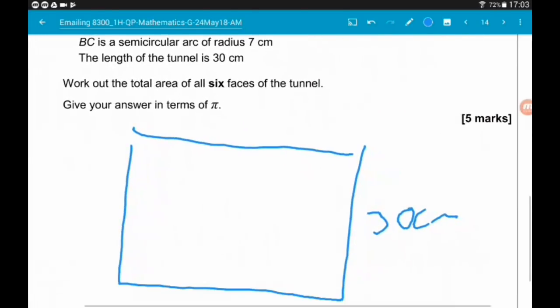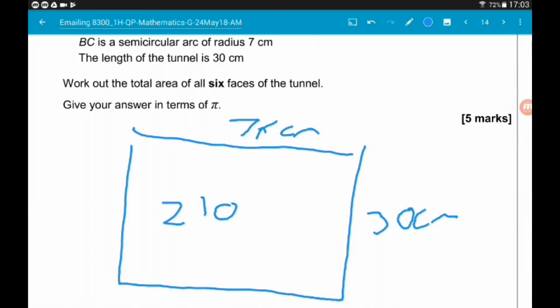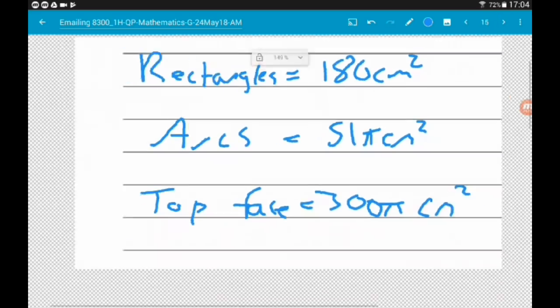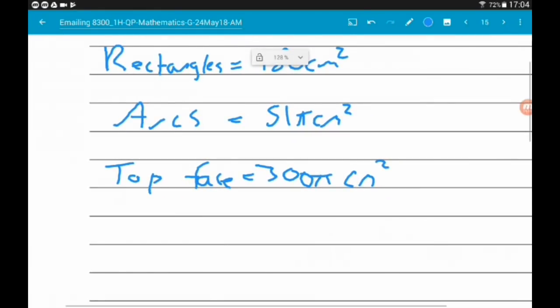So now we've got a rectangle with dimensions 7 pi centimeters and 30 centimeters. The area then of this is 210 pi centimeters squared. So now we have another separate area. I'm going to call it the inside face.